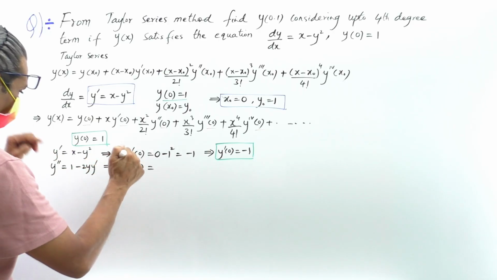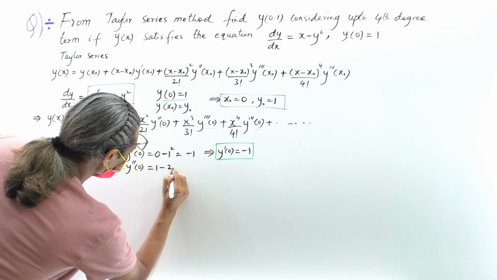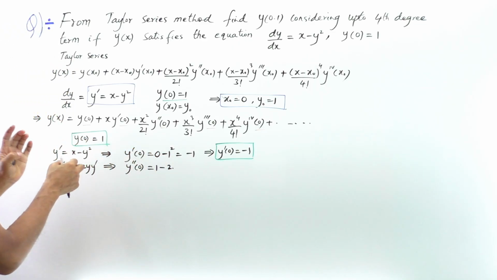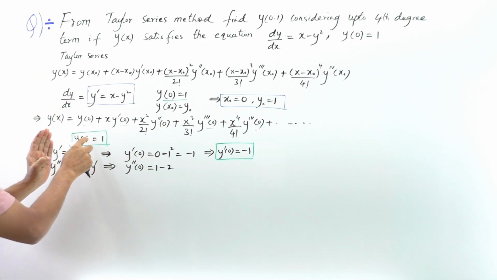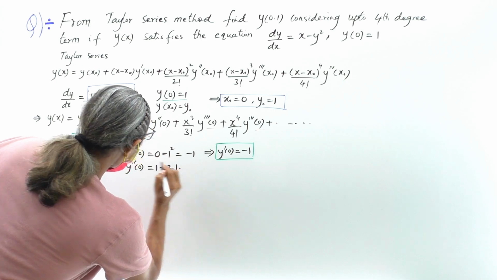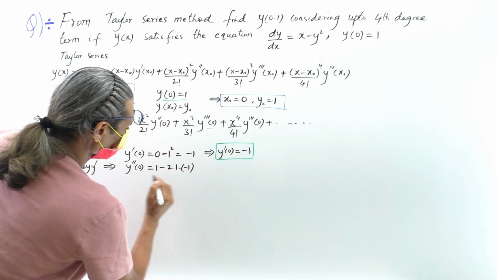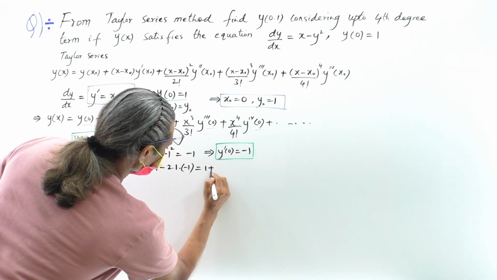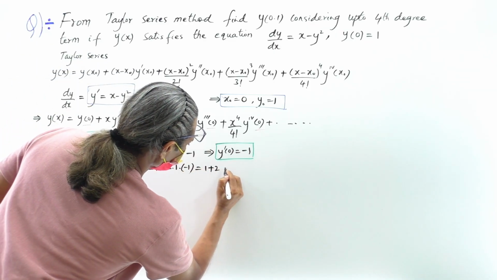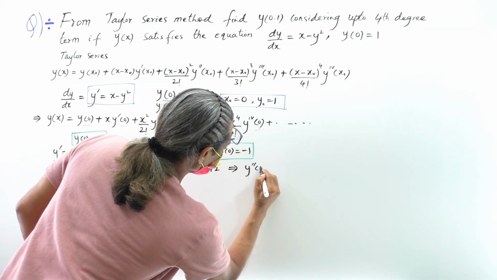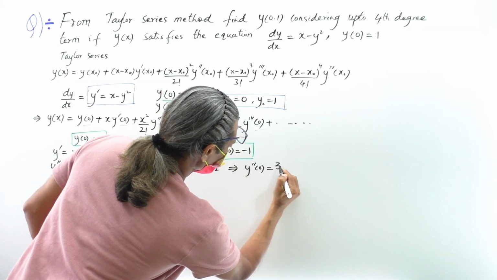Now 1 minus 2 into, what is y? y of 0 is 1. So it is 1 into 1 into y dash, and y dash of 0 is minus 1. So we have 1 plus 2, that implies y double dash of 0 equals 3.